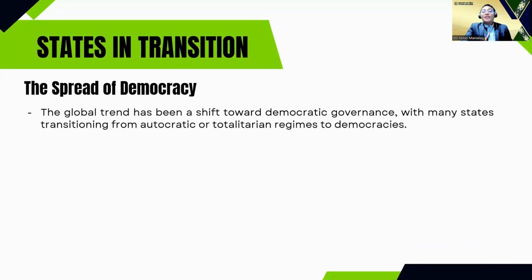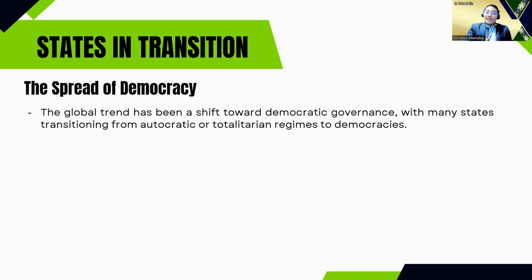Now, the global trend has been a shift toward democratic governance, with many states transitioning from autocratic or totalitarian regimes to democracies. Democracies tend to encourage the free flow of information, accountability, and greater respect for individuals' rights, all of which are conducive to economic development.